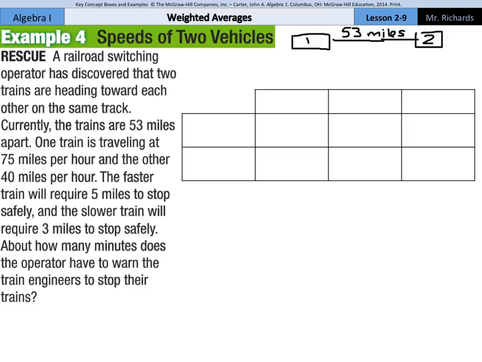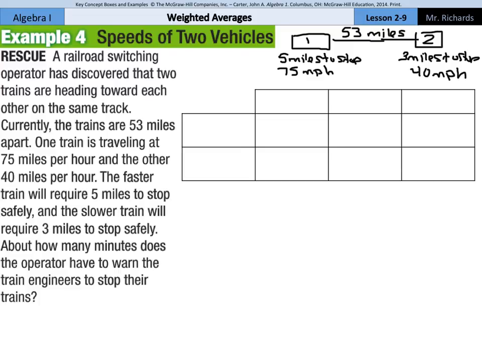Train 1 takes 5 miles to stop. Train 2 takes 3 miles to stop. And if you wanted to write in the speeds, train 1 is going 75 miles per hour, and train 2 is traveling at 40 miles per hour.